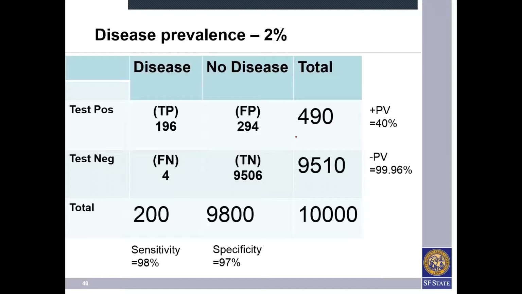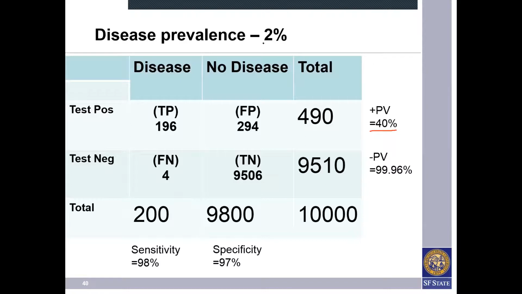Now, wait a second. I thought this test was really accurate, right? It had a sensitivity and specificity of 98%, 97%. But a positive result is barely a coin toss. It's a 40% chance of a positive result actually being accurate.